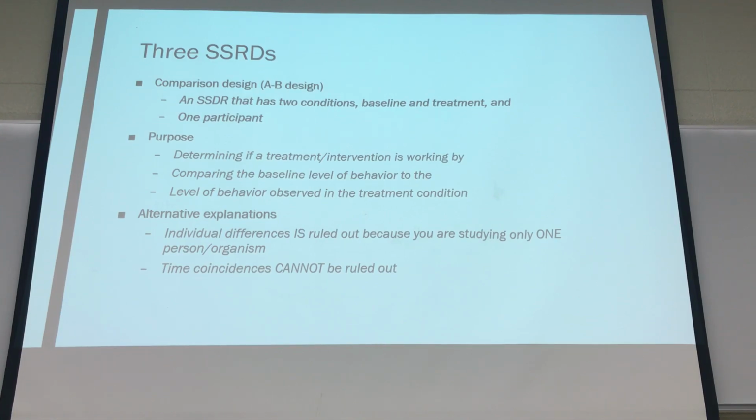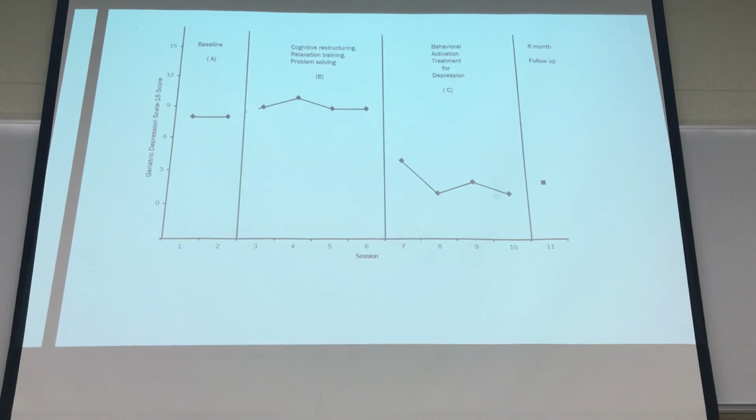So we haven't ruled out those time coincidences. But they're exceptionally valuable for clinical work, for applied work, comparing baseline to intervention. Here's a picture. This one's a wee bit more complicated, but we've already covered it.